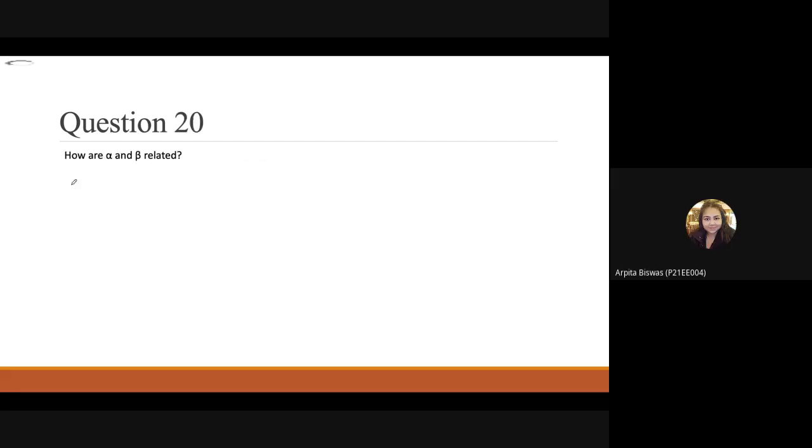So this is question 20. I think we have already discussed this. How are alpha and beta related? What is the equation between them? Alpha equal to beta by 1 plus beta, ma'am. And the other equation: what is the value of beta? Beta equal to alpha by 1 minus alpha. Yes, good.